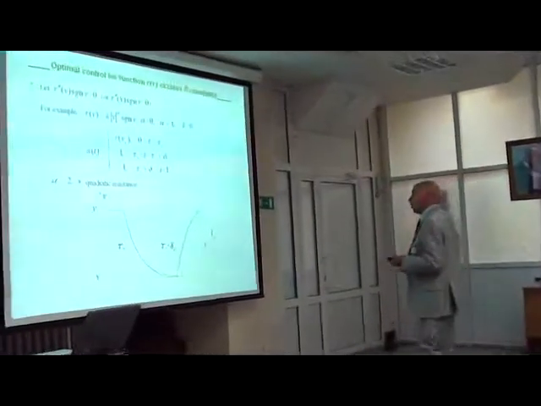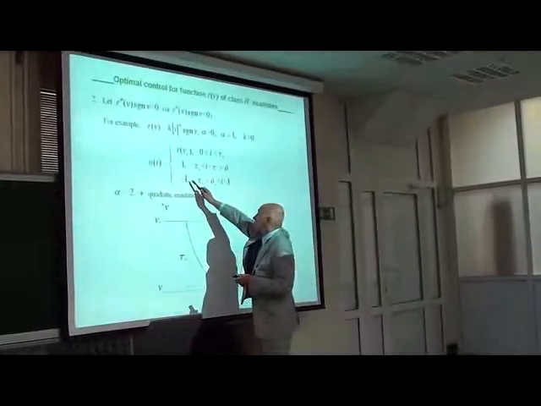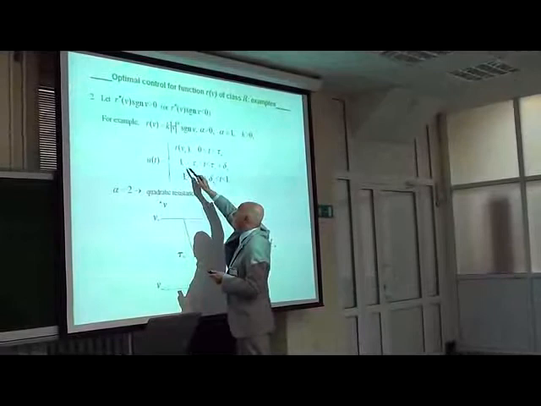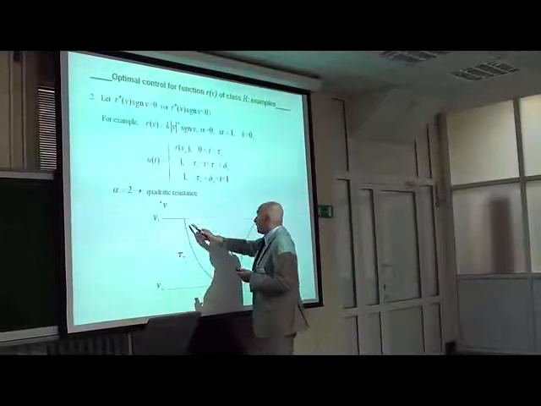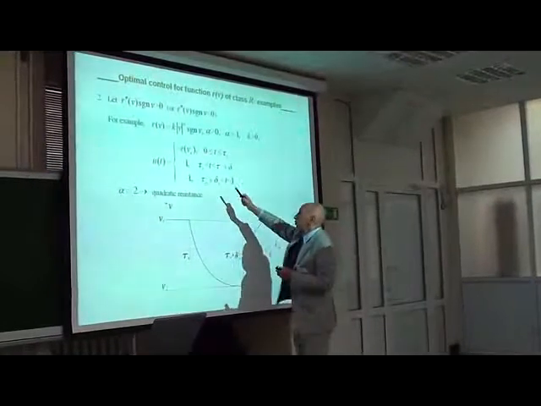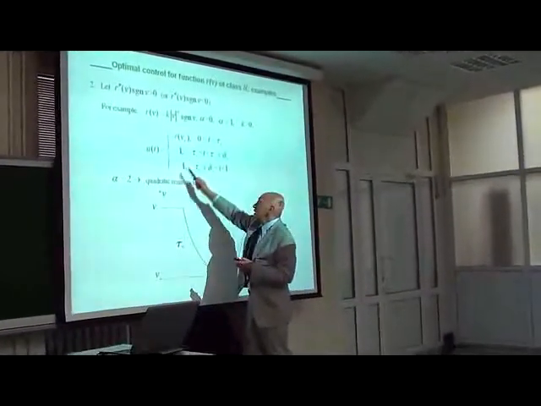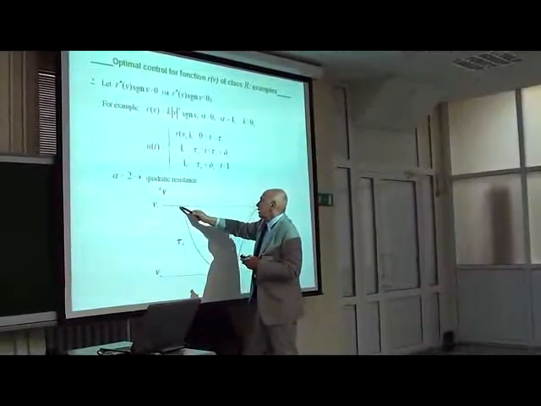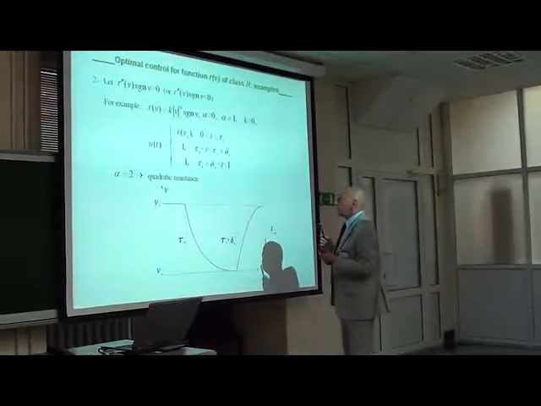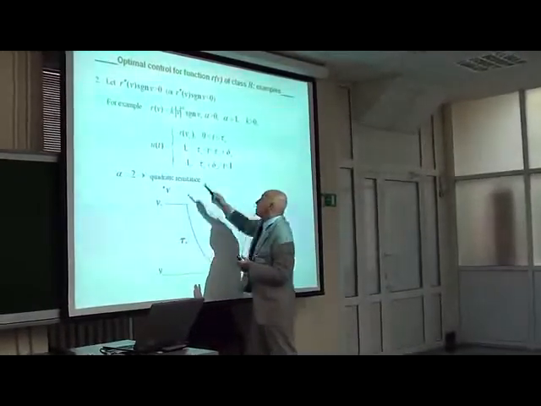It consists of 3 intervals. For 2 intervals, the acceleration is constant and maximum and minimum. And here the velocity changes. And for the singular arc, the u of V has an intermediate value.